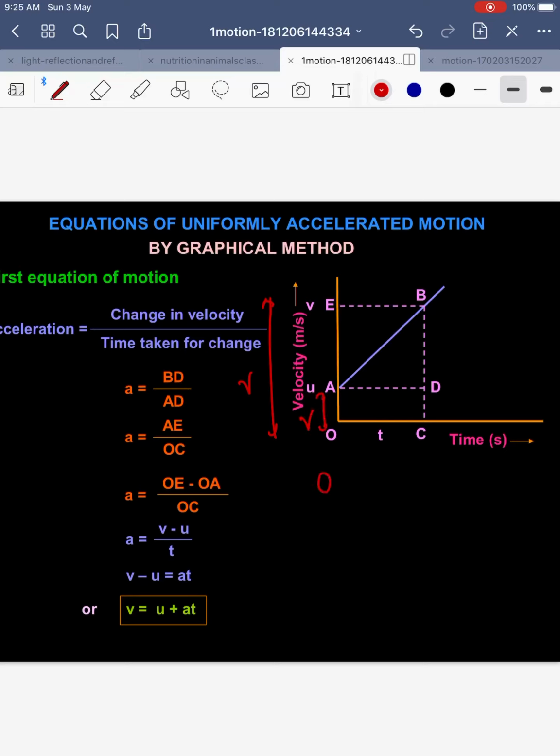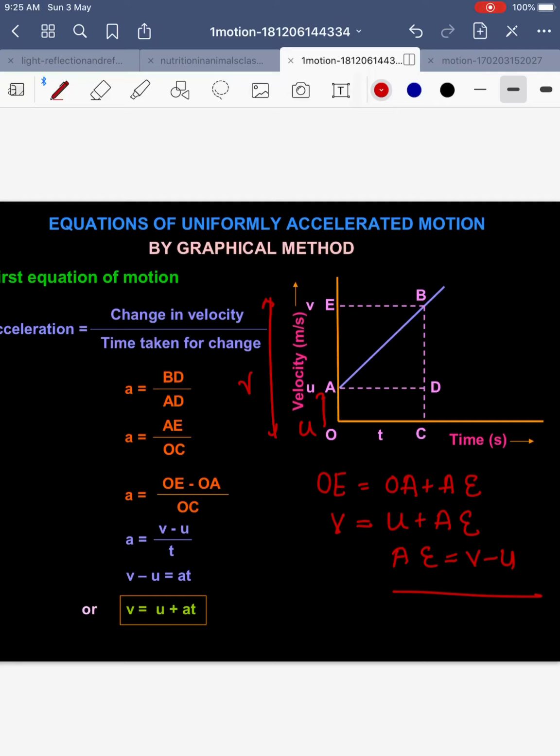Okay, we know that OE is OA plus AE. What is OE? That is V, and OA is U, not V, it is U plus AE. So AE comes out to be V minus U, right?